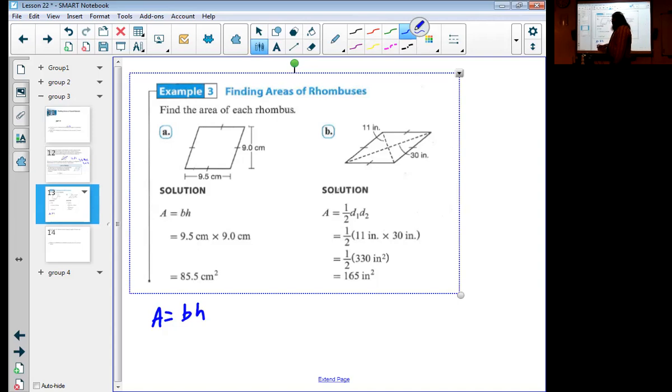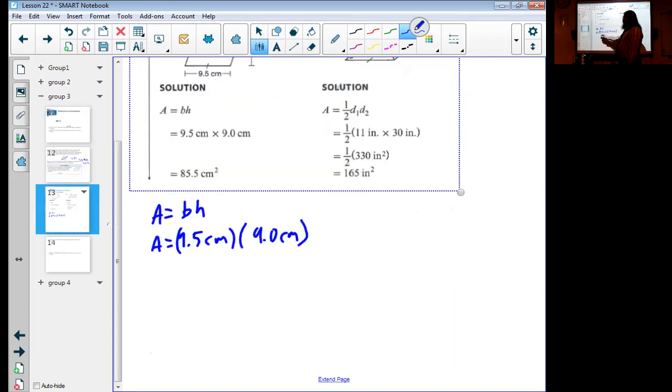We have A is equal to 9.5 centimeters times 9.0 centimeters. When you multiply the numbers together, we get 85.5. And we have centimeters times centimeters, we have centimeters squared. So the area of that one is 85.5 square centimeters.